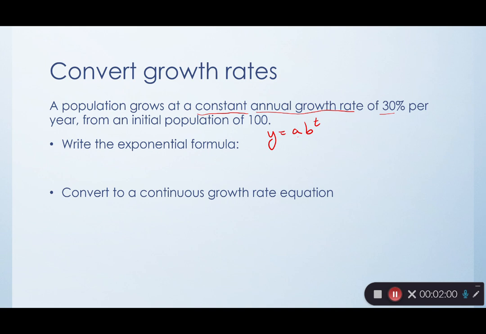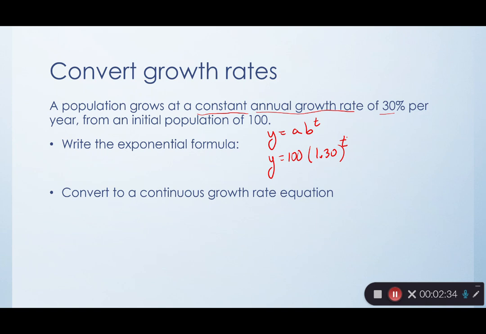Our initial population is the A, so we've got 100, and the question is, what is B? And this is like what we had in 6.1 when we talked about compound interest. If we're growing 30% per year, that's like multiplying the population by 1.30 every year. So our B is just going to be 1.30, you don't need the 0 on there, to the T. Okay, so there's our exponential formula.